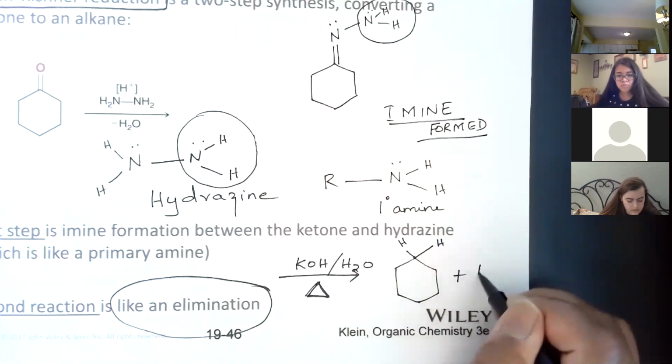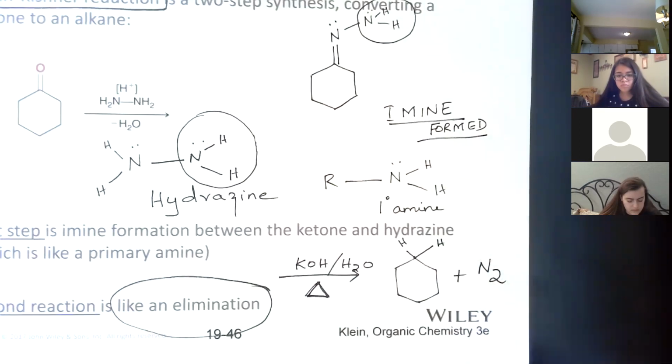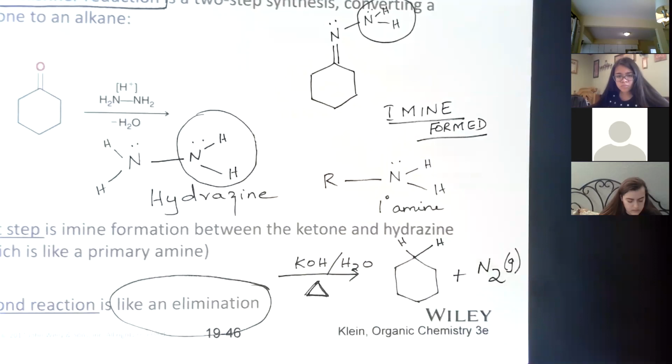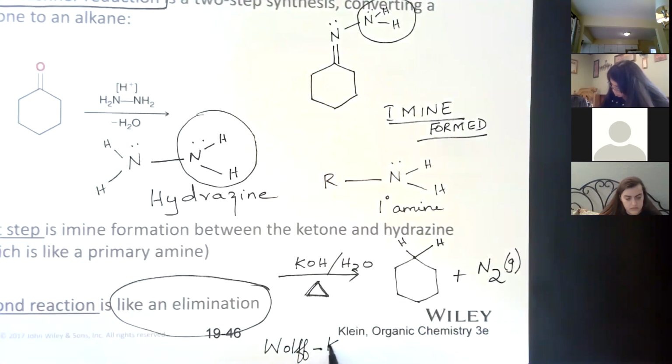And of course we have a mechanism, but nitrogen, you see, N and N, they become nitrogen gas. And these two steps put together is the Wolff-Kishner. It's a named reaction, which means it has the name of the people who came up with the mechanism.